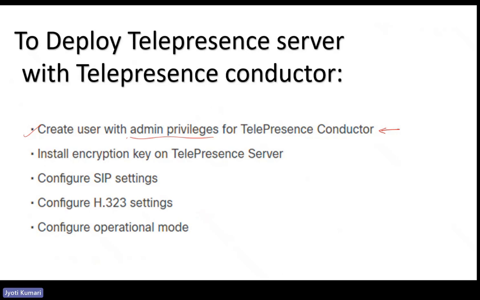A web admin needs to be configured, which we will configure on the telepresence server. Then install encryption keys, which are required on the telepresence server. Configure SIP settings, H.323 settings, and configure operational modes. These are some prerequisite configurations that we need to do.